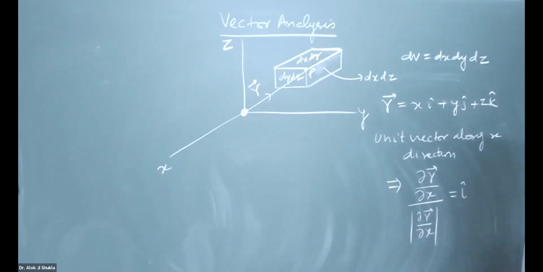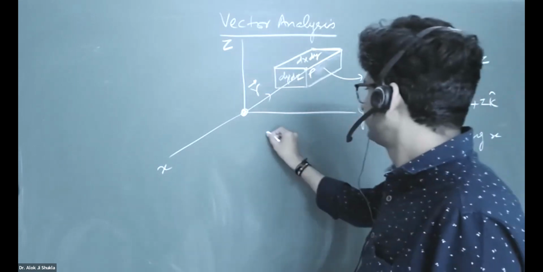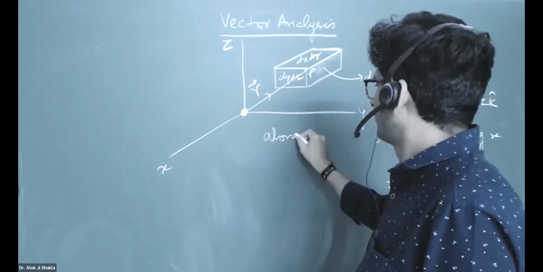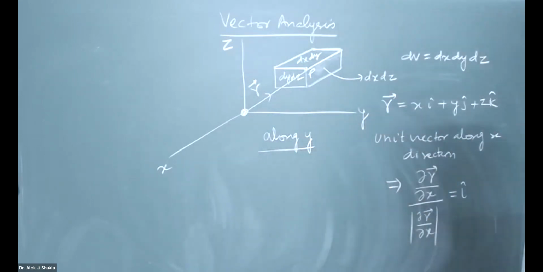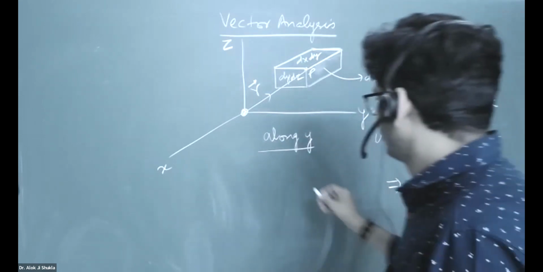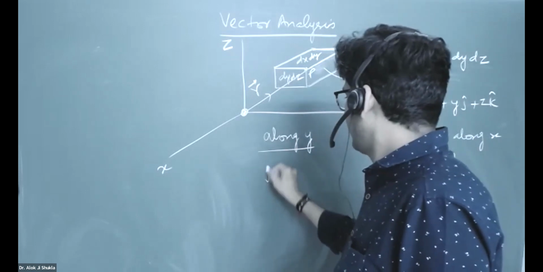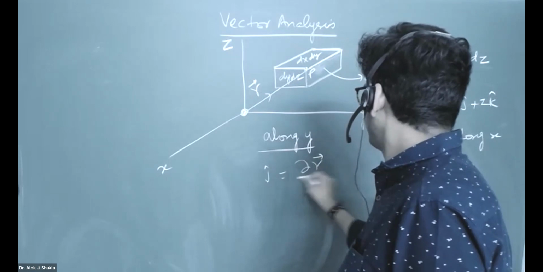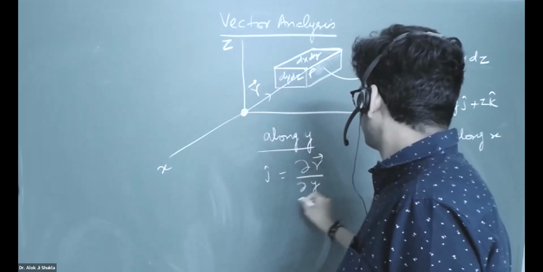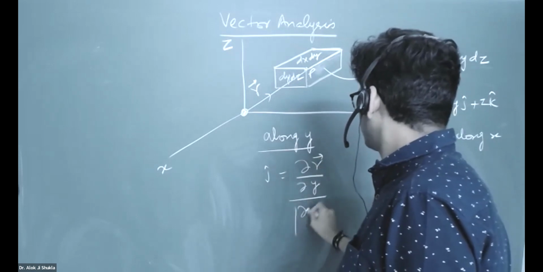And similarly, if you want along y, it is j cap, which comes by taking the derivative of r with respect to y, and taking its mod.